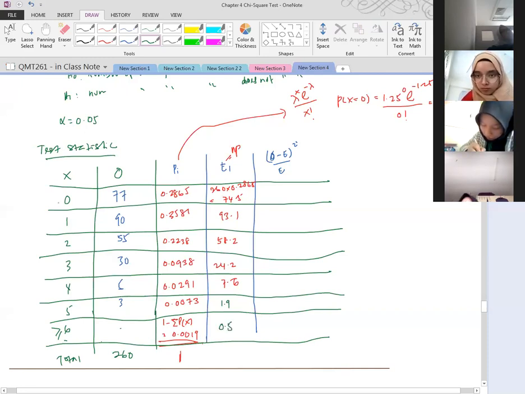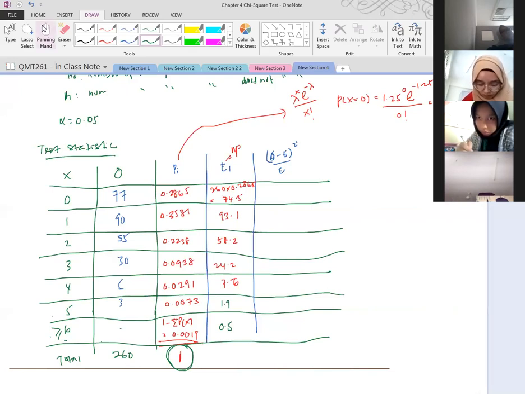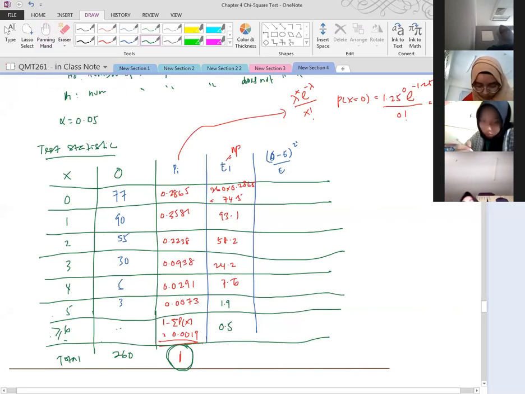So instead of having 6 cells, now we have 7 cells, because the total of the probability should be equal to 1. Since we have 7 cells, we could look at this one.